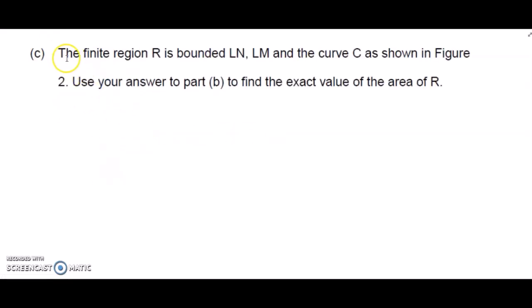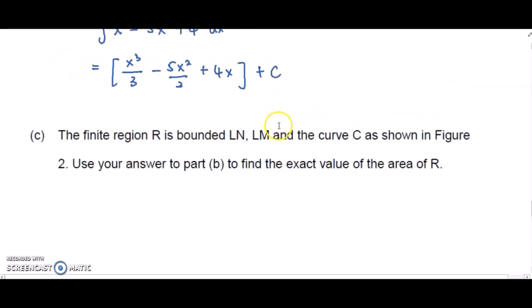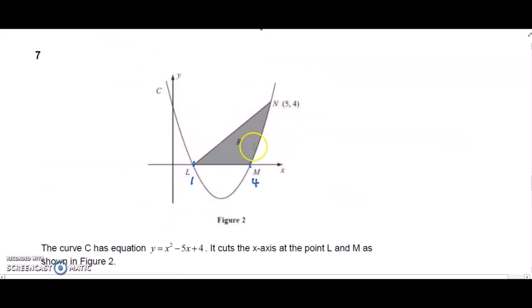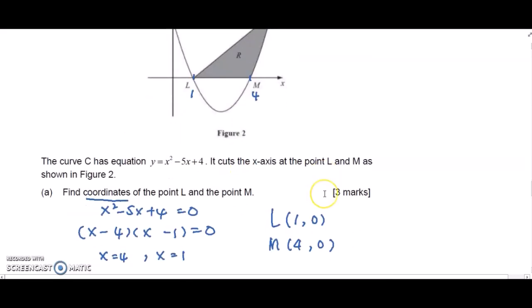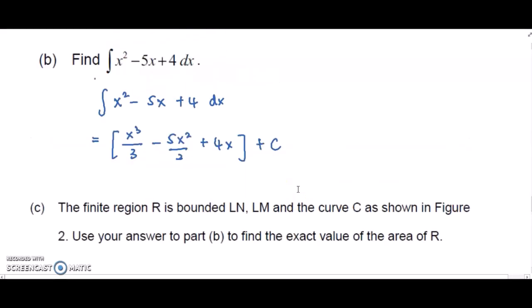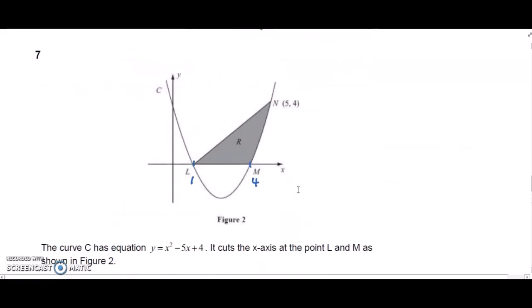Then next, we need to find the finite region R bounded by LN, LM. The region R is shaded for you, and the curve C as shown in Figure 2. Use the answer from part B to find the exact value of the area R. So I need to look at this diagram.